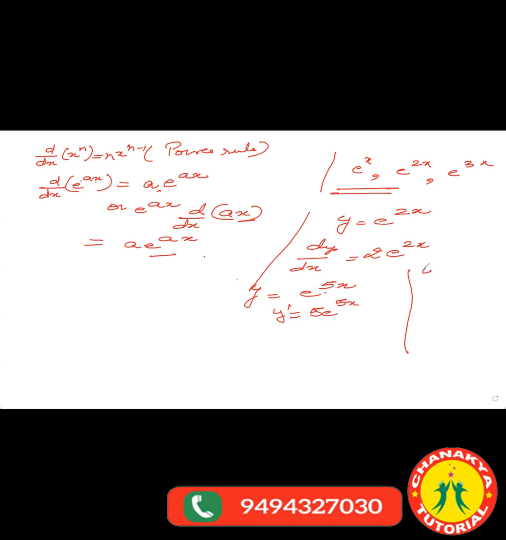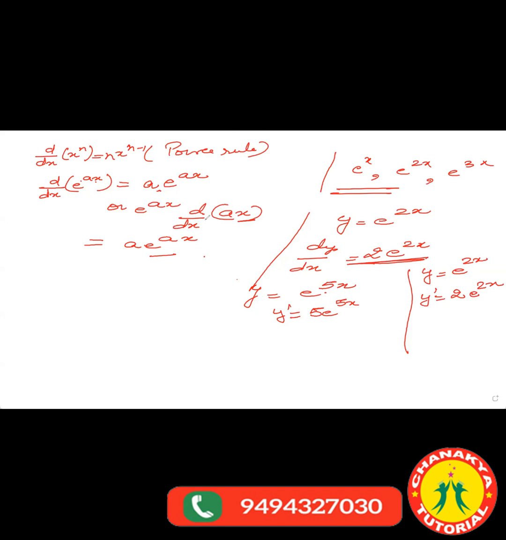And suppose y is equal to e to the power 2x. I have already done, see. 2 will come, so 2 e to the power 2x. Dhanunjay, understood, beta? Yes, ma'am, understood. These are the formulas only, beta.